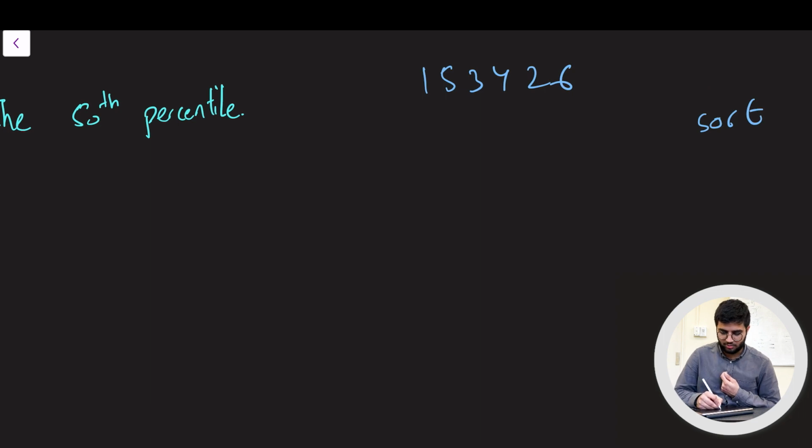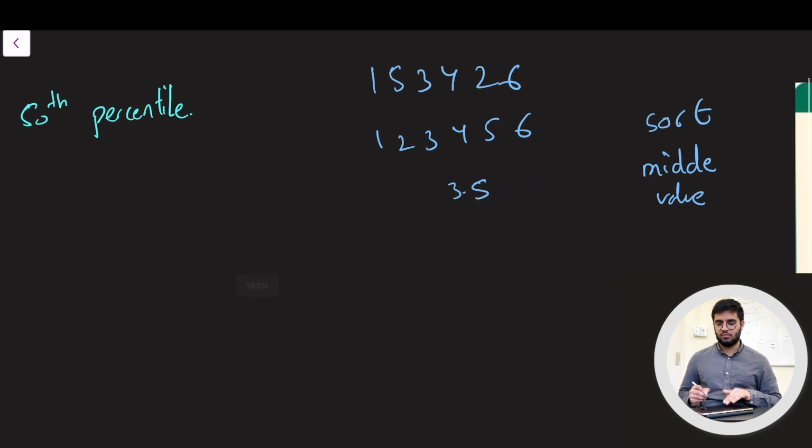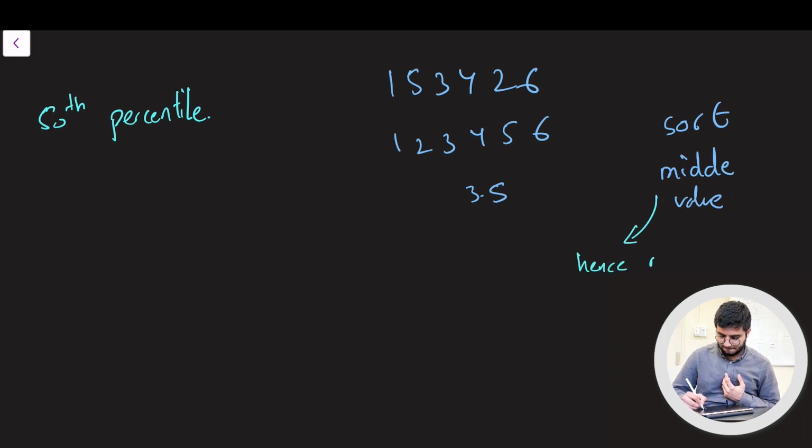That will give you 1, 2, 3, 4, 5, and 6, and then you find the middle value, which is 3.5. Middle value, hence median. That is your process of finding a median normally.